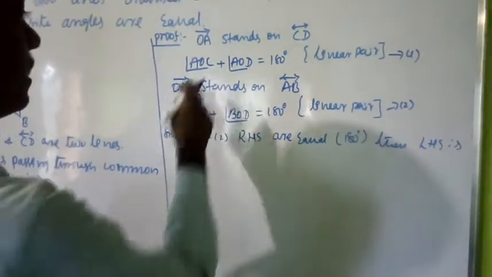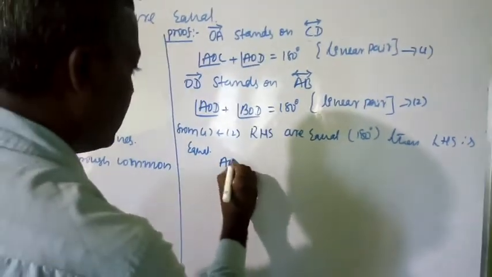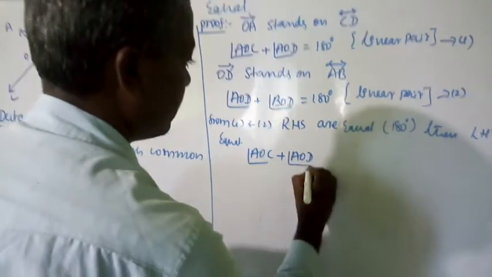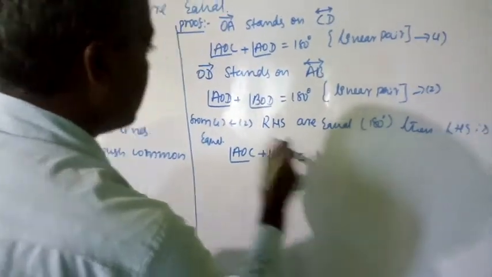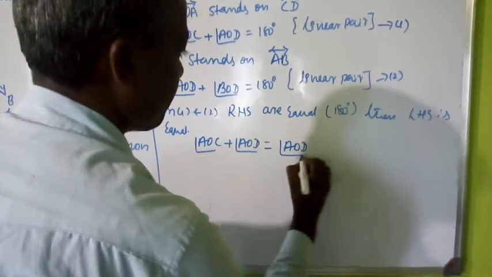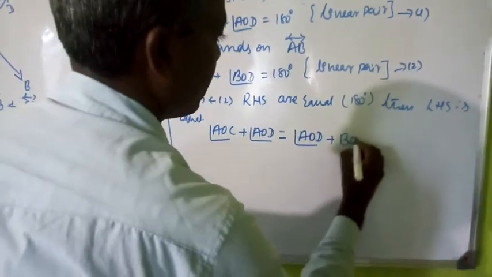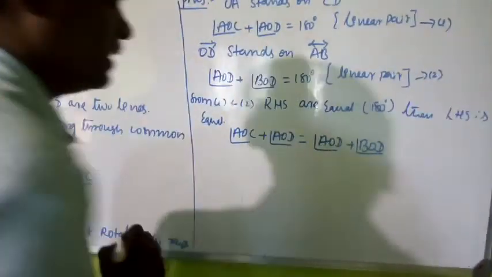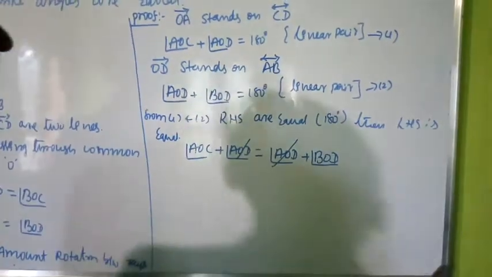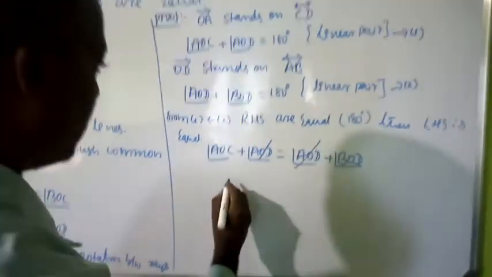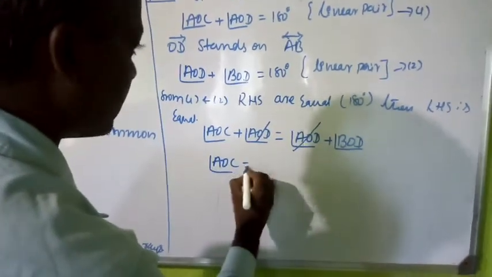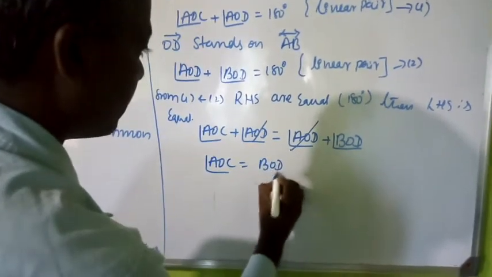Okay, so what is the LHS here? This is AOC plus AOD is equal to AOD plus BOD. If you take this one to this side, it gets cancelled, plus 1 minus, right. So now angle AOC is equal to angle BOD.